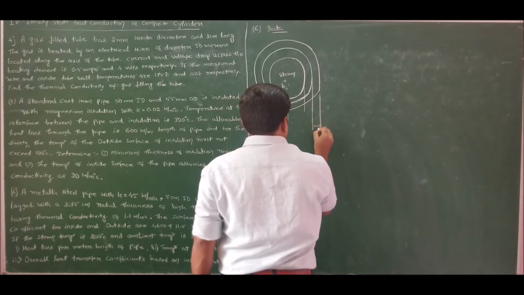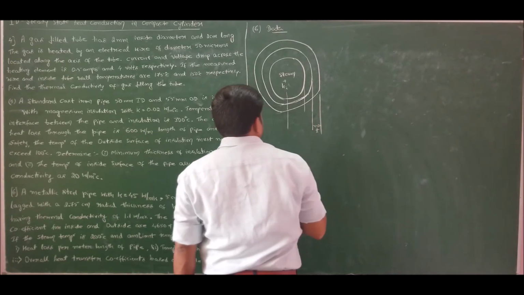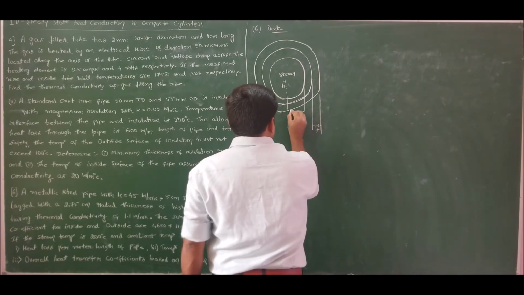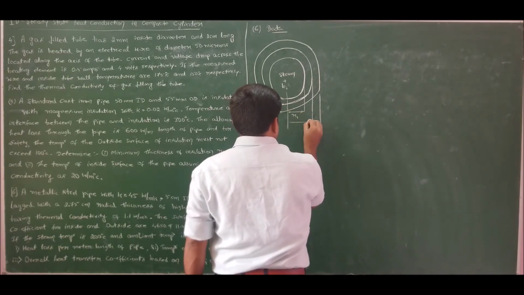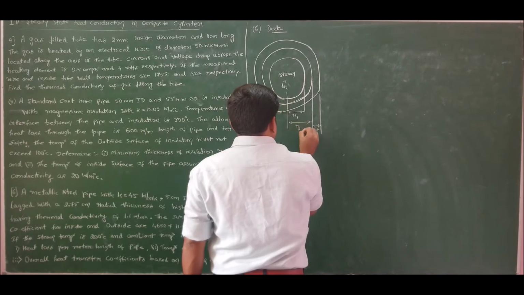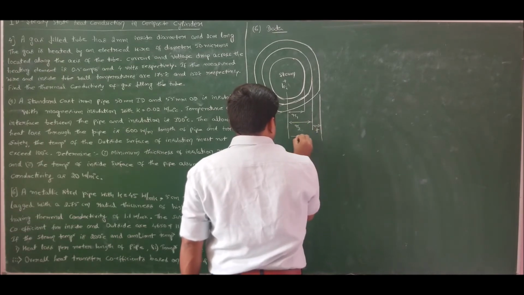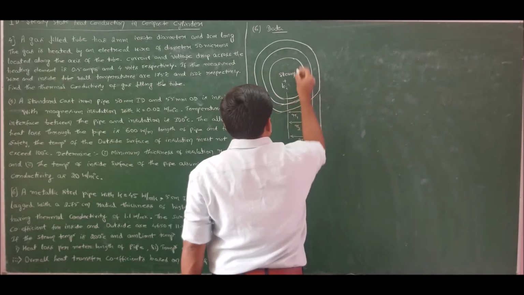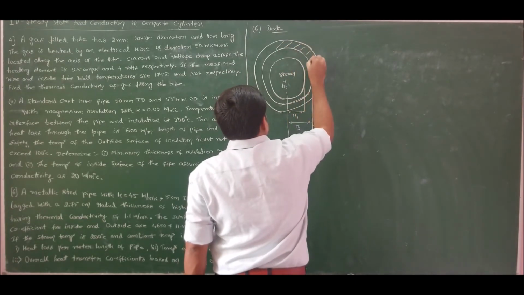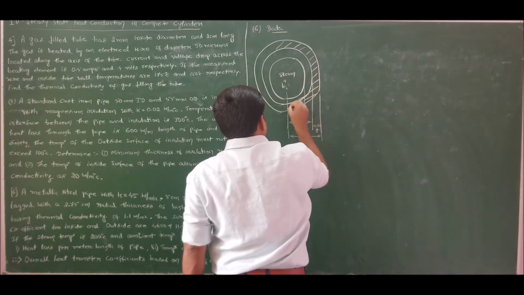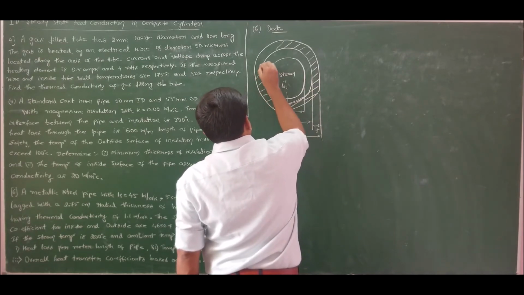This is R1, this is R2, so therefore this can be written as R3. So we have an insulation lagged on the pipe.